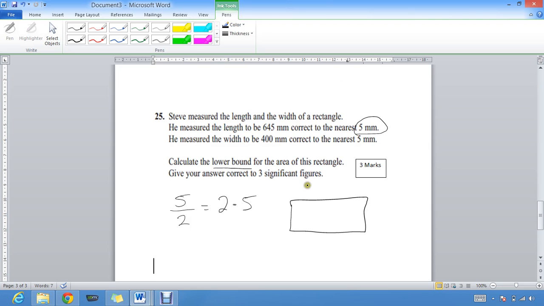Right, so your lower bound should have been 642.5. And your width should have been 397.5, and the area of a rectangle, which you should know, is just the length times the width.